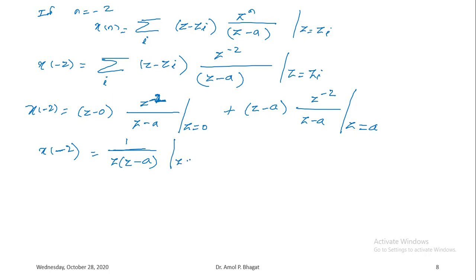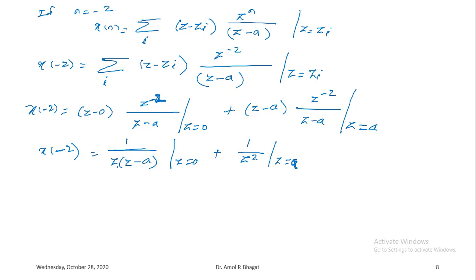That will be evaluated for z is equals to 0, plus again this z minus a will get cancelled, so it will be 1 upon z square, and that will be evaluated at z is equals to a.